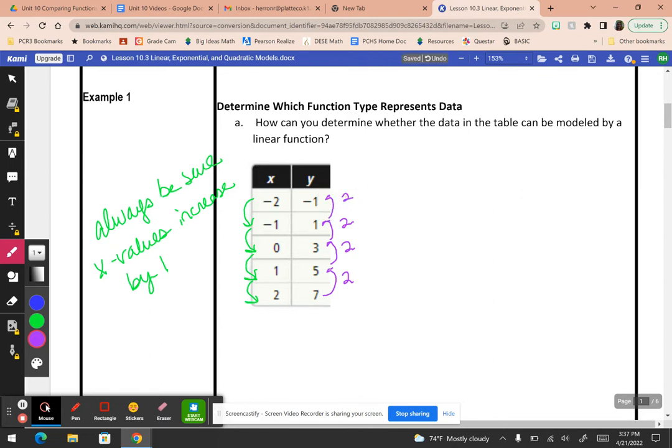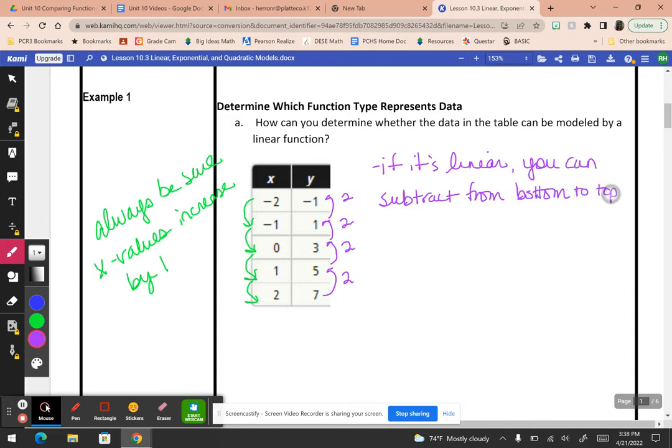So if it's linear, you can subtract from bottom to top and get the same common difference, just like arithmetic sequences.